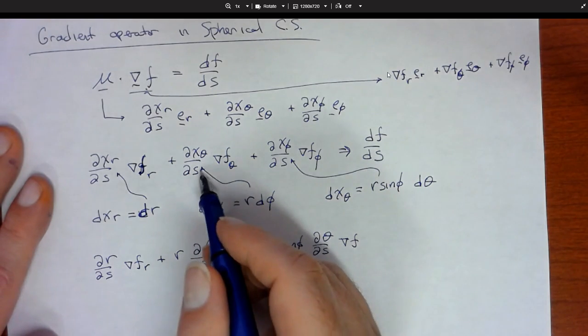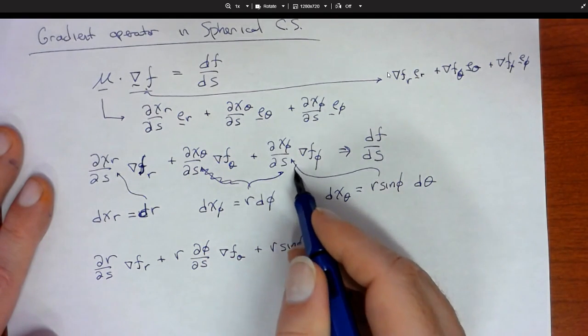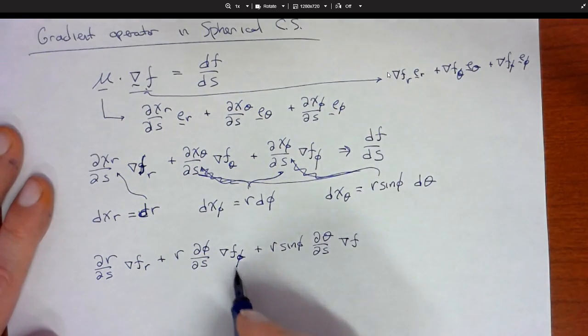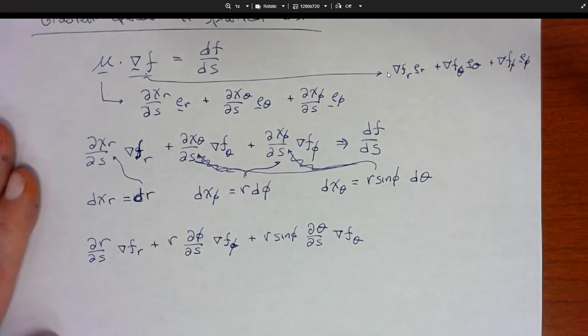I'm so sorry, this one should go here, and this one should go there. But you get the idea. This becomes the phi component, and this becomes the theta component. It's been a long day.